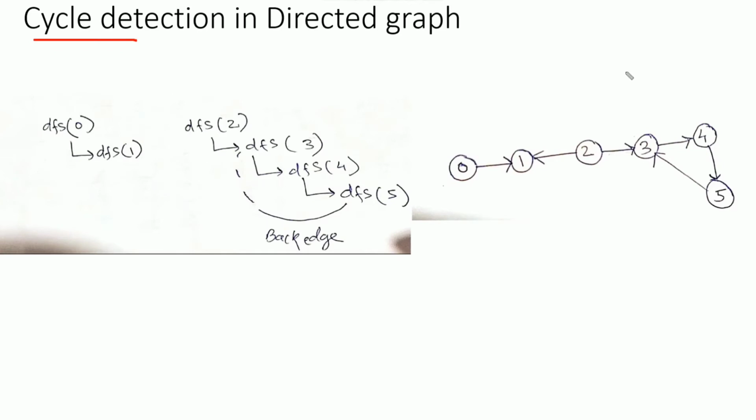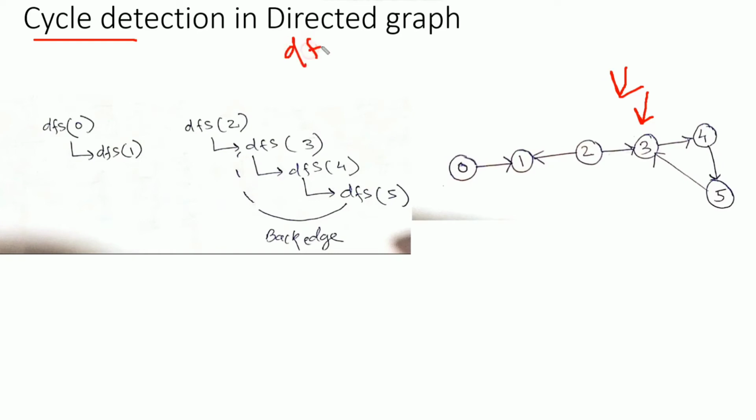So if we consider this input graph, which is a directed graph, and start traversing it using DFS traversal, we can go from vertex 3 to 4, then 4 to 5 and 5 to 3. It means that yes, there is a cycle in this graph. So the algorithm which we are going to use is DFS.